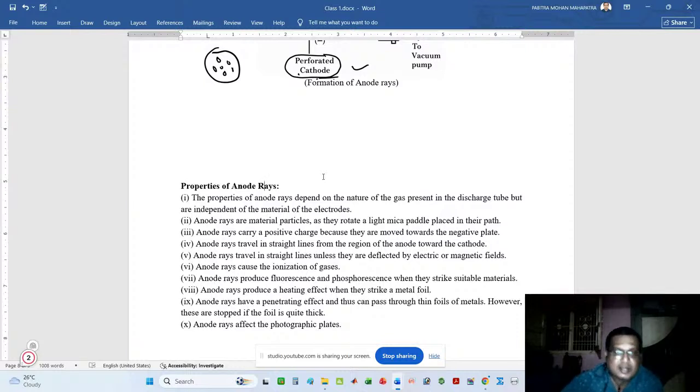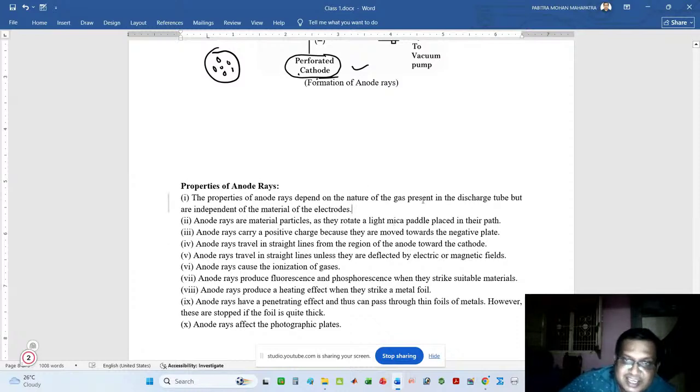But here the property of anode ray is slightly different. The property of anode ray depends on the nature of gas present in the discharge tube, but is independent of the material of the electrode. You can change any material of the electrode, but the property of the anode ray will not change, like the cathode ray.